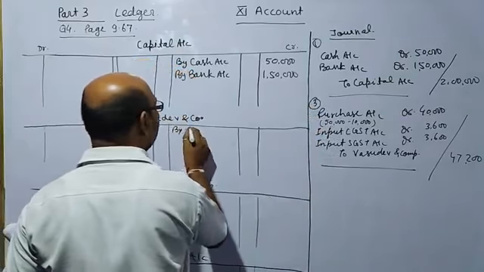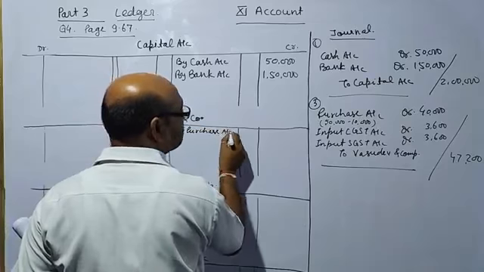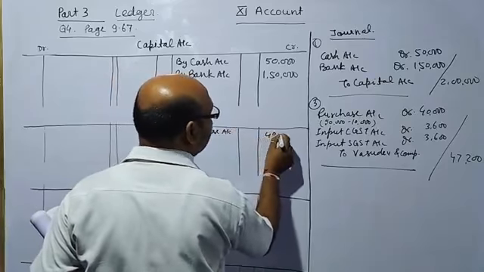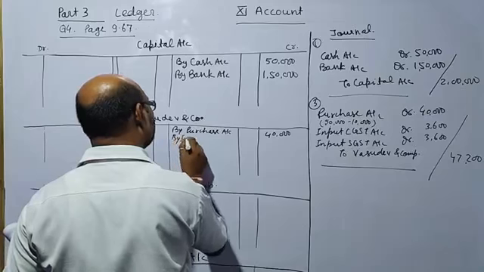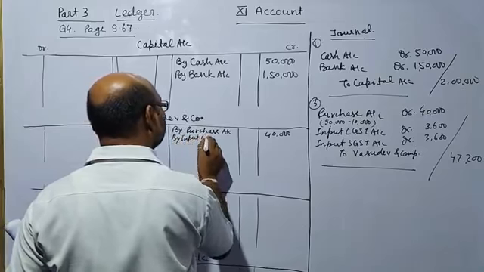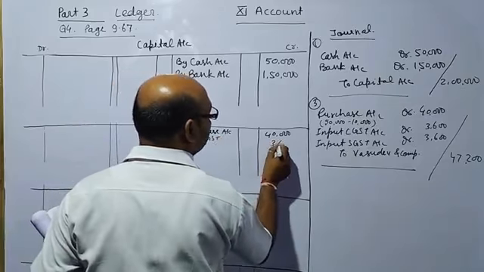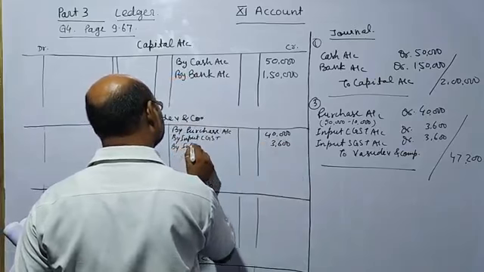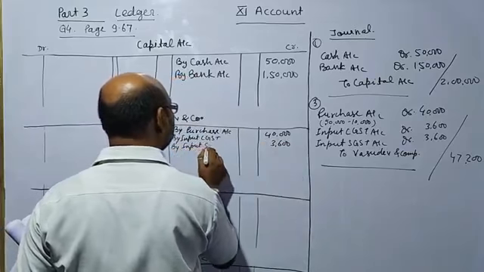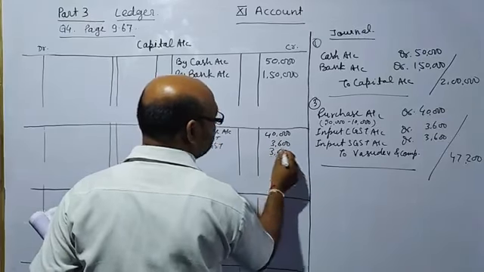By purchase account, that is 40,000. By input CGST, 3,600. By input SGST, that is also 3,600.